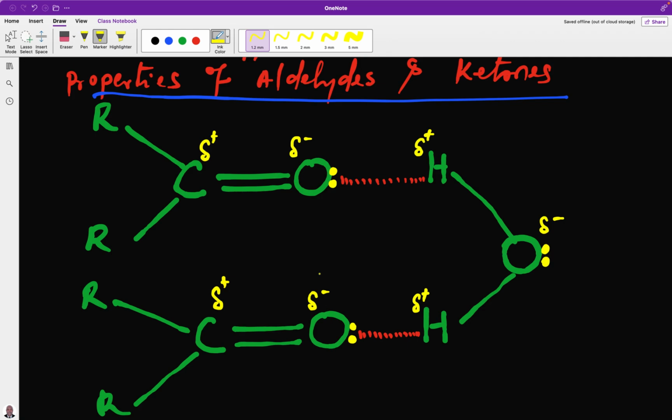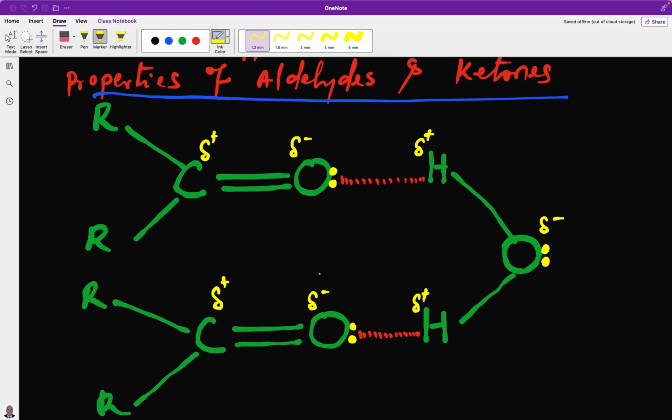Regarding their solubility in water, for this reason, aldehydes and the ketones of small molecular mass are soluble in water. Aldehydes and ketones of very small molecular mass are very soluble in water because they can form hydrogen bonds between the lone pair of electrons on the oxygen of the carbonyl group and the hydrogen of the water molecule.